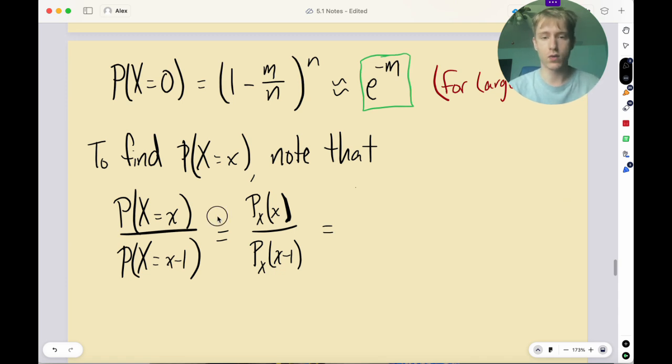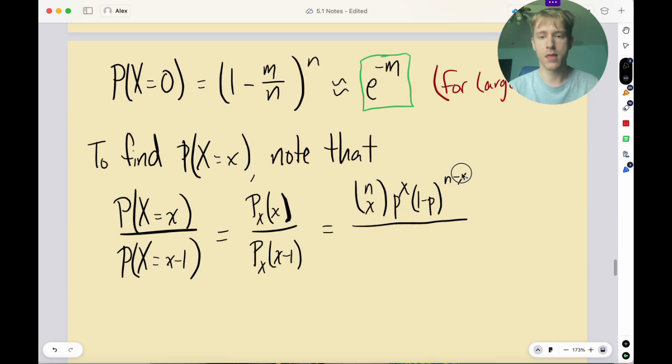Well, this is going to equal n choose x, p to the x, 1 minus p to the n minus x. But on bottom, we just replace x with x minus 1, and we get n choose x minus 1, p to the x minus 1, 1 minus p to the n minus x minus 1.